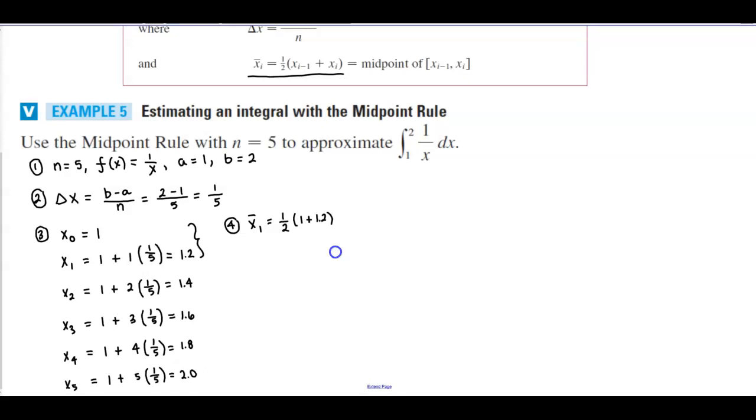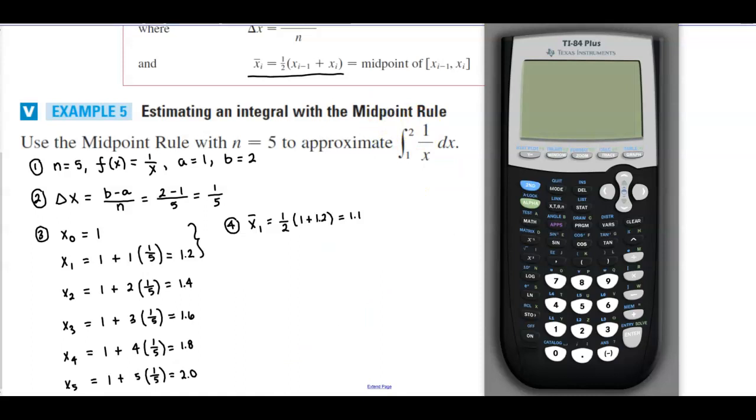When we add those together and multiply by 1/2, we get 1.1. Let's just verify that on our calculator really quick. If we take 1, add 1.2, and then multiply that by 0.5, then we get 1.1.